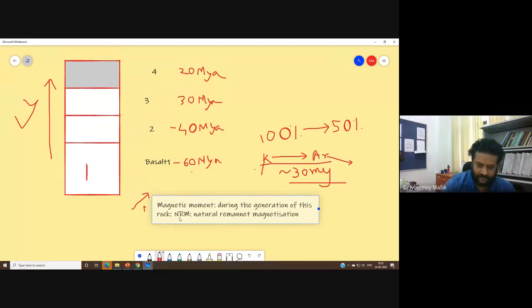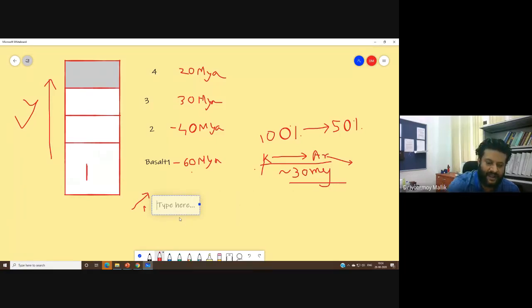Sorry, I said the wrong thing. So that is not called the NRM. So first, let me just rephrase, okay? So I go and I collect the sample and then I measure the magnetic moment. So the magnetic moment that I observe is called NRM. This is natural remanent magnetization.